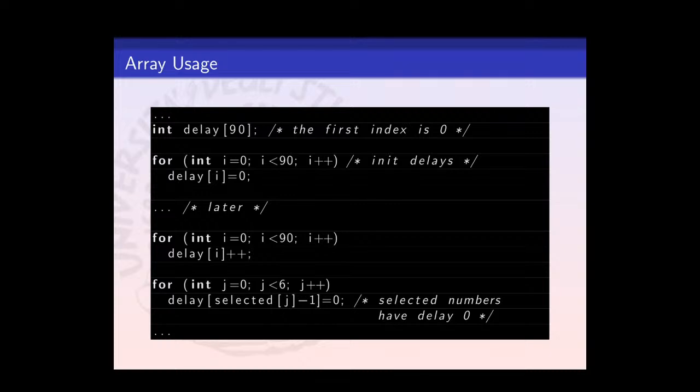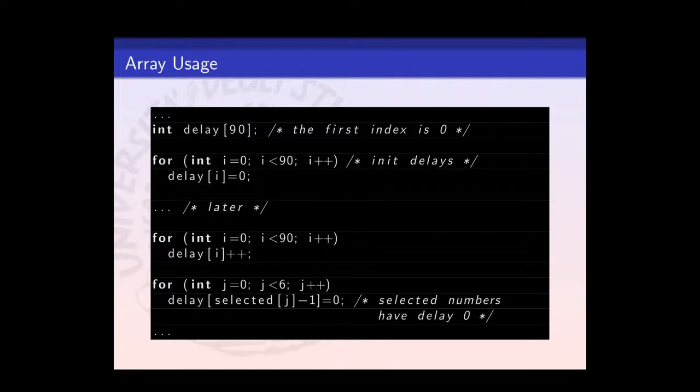So for all the numbers in the box, we will increase the delay, okay? And then for all the numbers which have been selected, and they will be contained by the array selected, we decrease the delay to 0. And that's it.